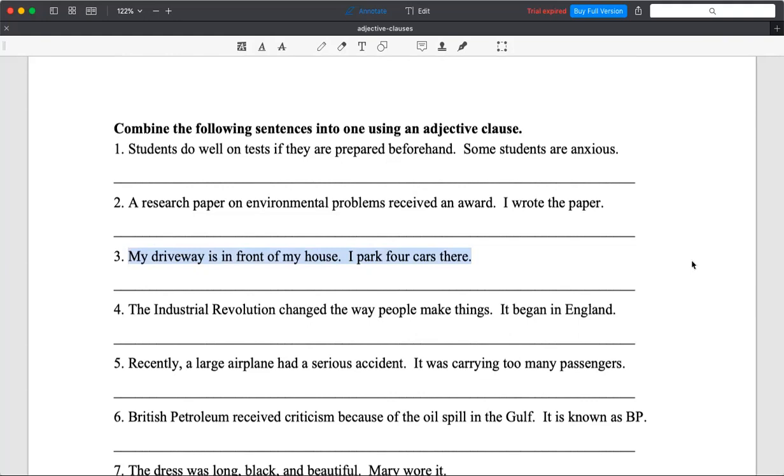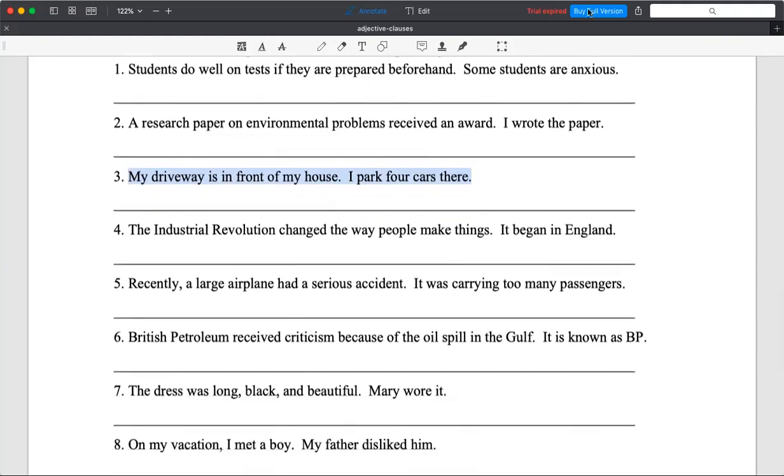This is incorrect because where I park 4 cars should be right after my driveway. And then you say my driveway where I park 4 cars is in front of my house. If I have where I park 4 cars at the end of the sentence, it is incorrect. Even though it might look okay, it is not okay.